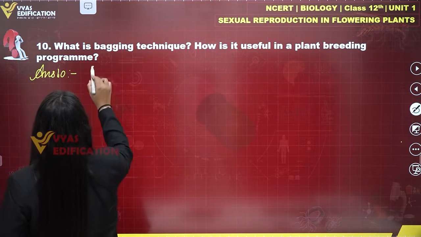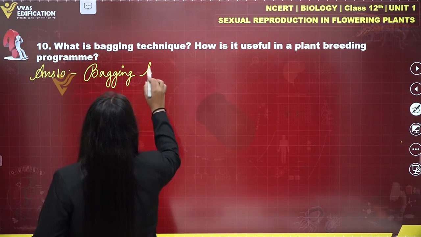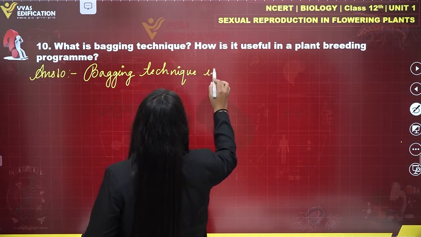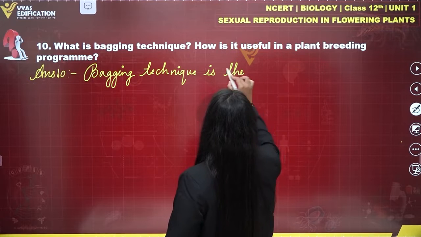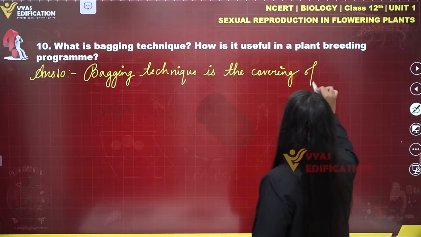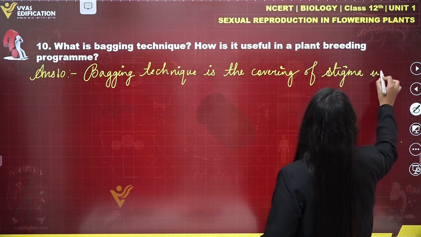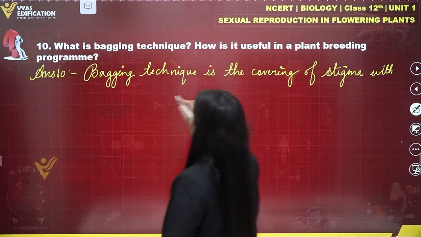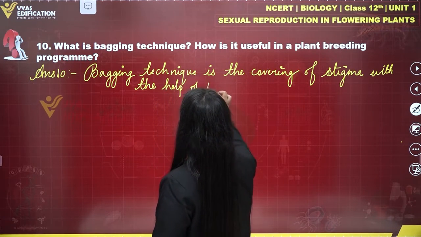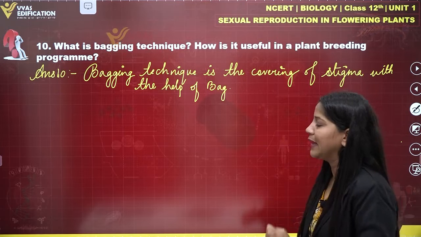Answer number 10. First of all, what is bagging technique? Bagging technique is the covering of stigma with the help of bag. This process of covering stigma with the help of bag is known as bagging technique.